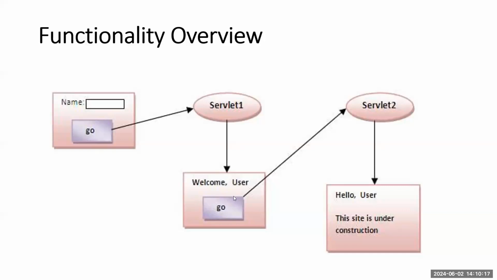So your web browser is going to save that cookie and display the response. And there we are going to have another hyperlink or something. And when you go there, it maps to servlet 2, and servlet 2 must get the cookie, which we can use to give a customized response.